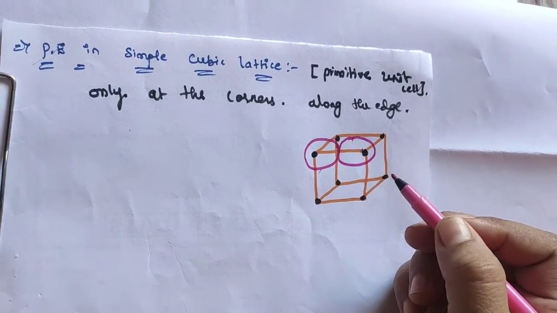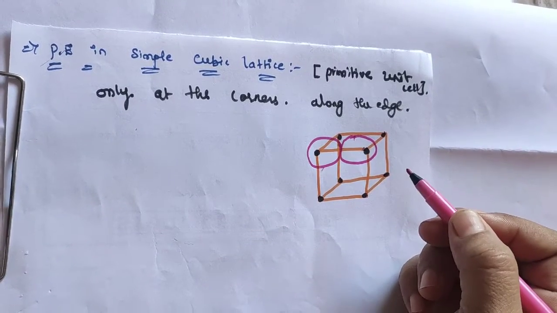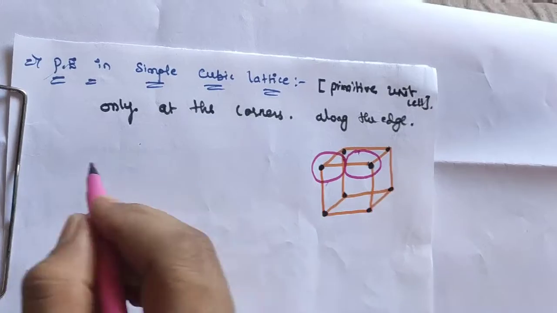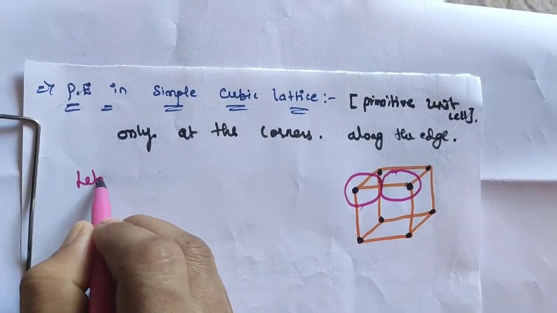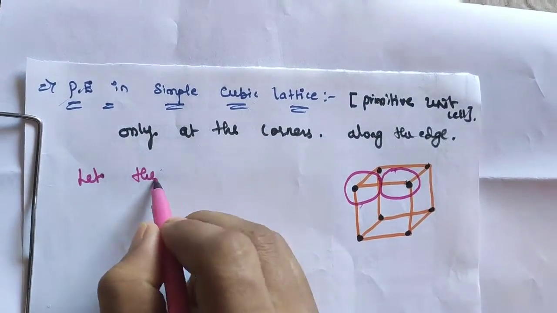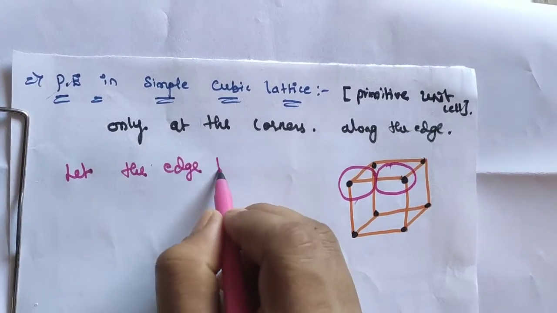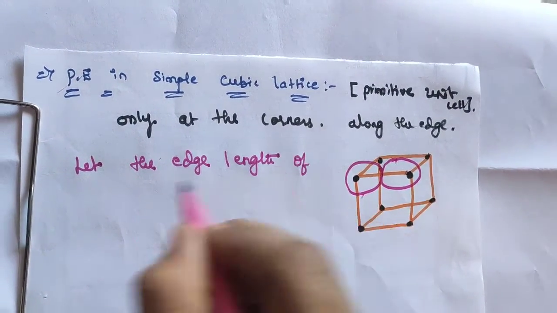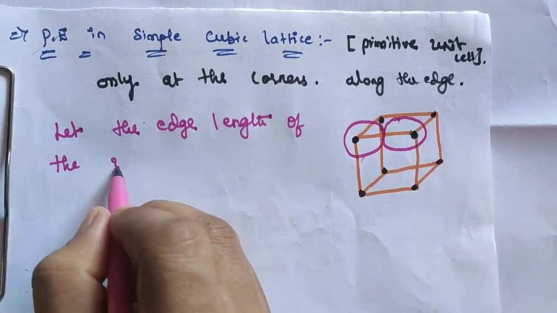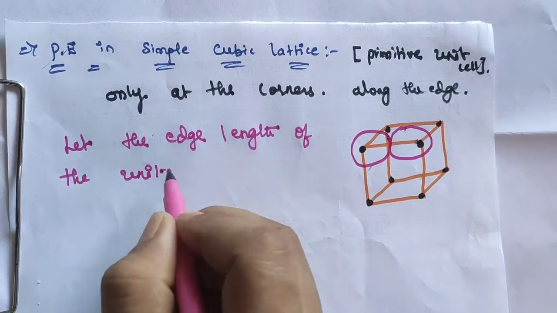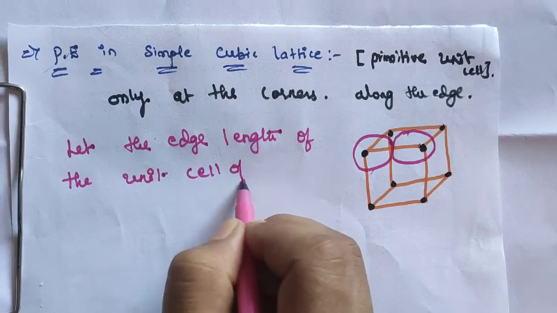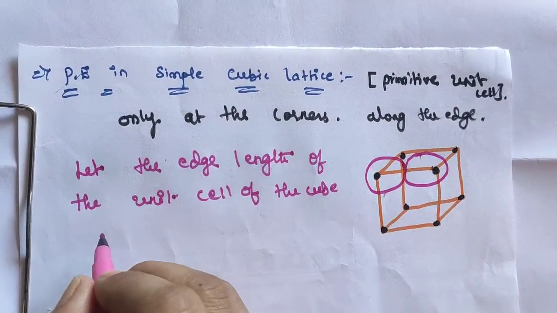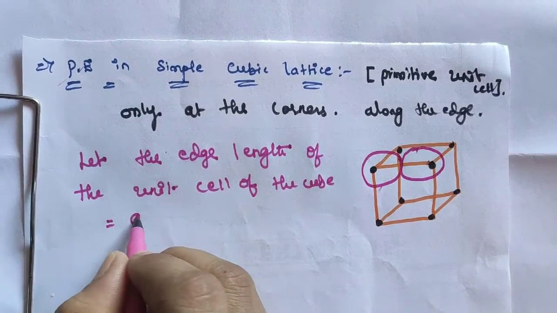Here let the edge length of the unit cell of the cube be considered as a.